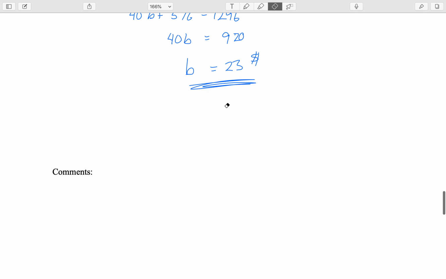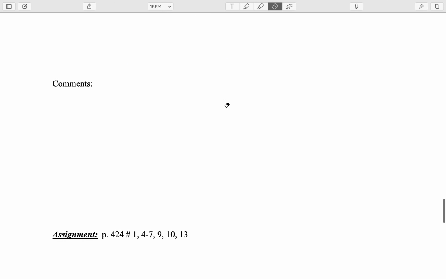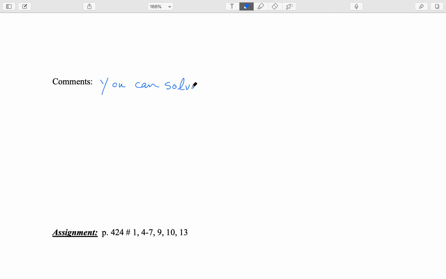Okay, so a few things to remember. You can solve for either variable in either equation. Solve for either x or y in equation 1 or 2. It doesn't matter, they're both going to work.